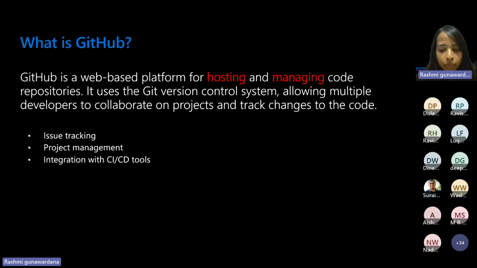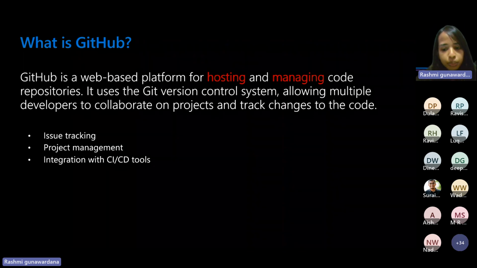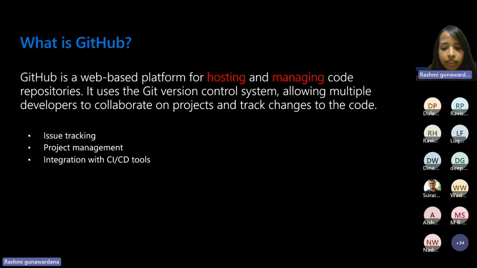If you are not familiar with what CI/CD is, CI stands for continuous integration and CD is continuous deployment. Consider a scenario: when we do a project, we don't do coding only. We have to ensure that the code passes all the unit tests, and there are code quality checks and compliance checks.